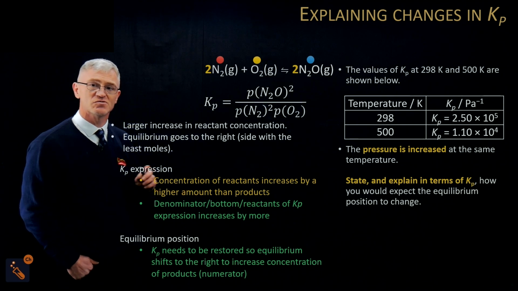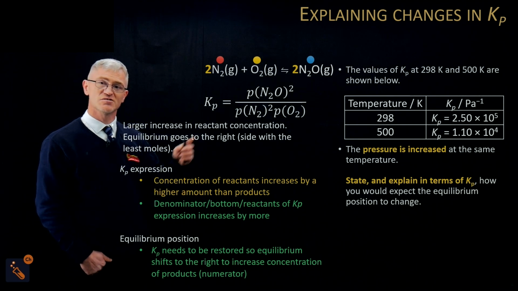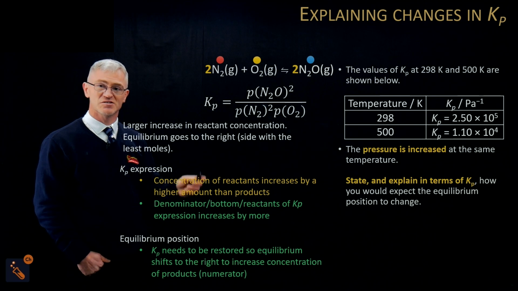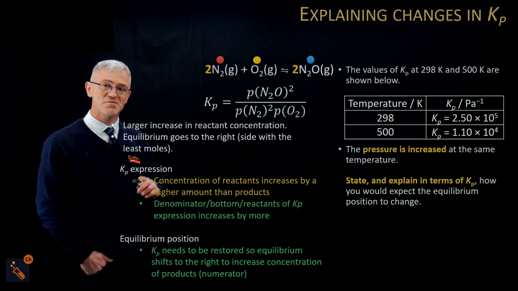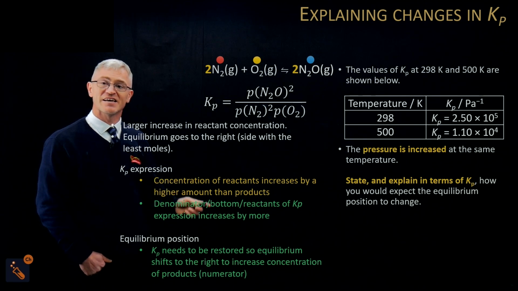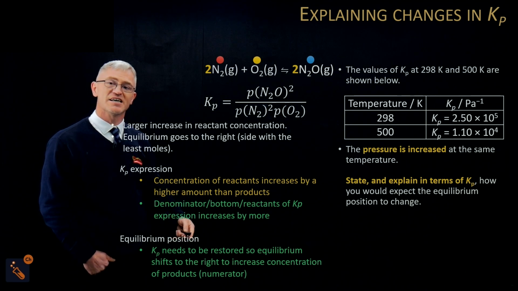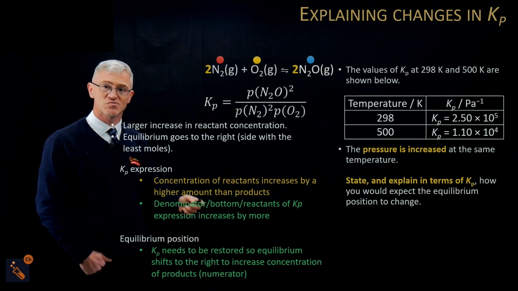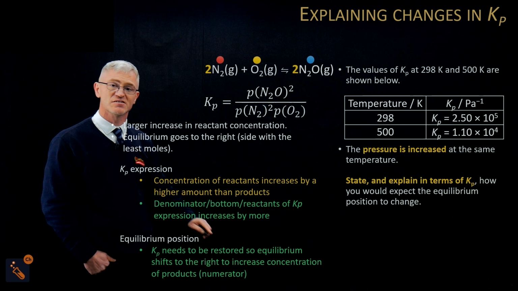Notice I've used the word denominator and numerator because you can use those in your expression. So right at the start, you see Kp changes, and then afterwards the equilibrium expression restores the Kp to the same value as it was before by shifting to the right in this case.